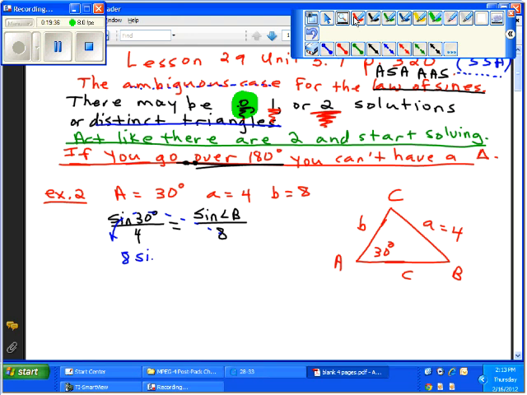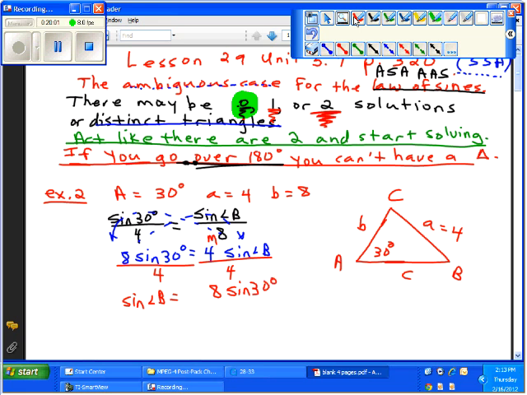So we're going to have 8 sine 30 degrees is equal to 4 sine angle B. We're going to undo multiplication by division. And so we would have sine angle B is equal to 8 sine 30 degrees over 4.